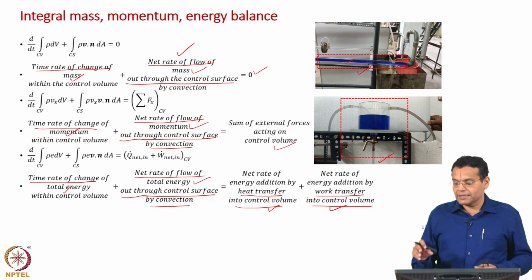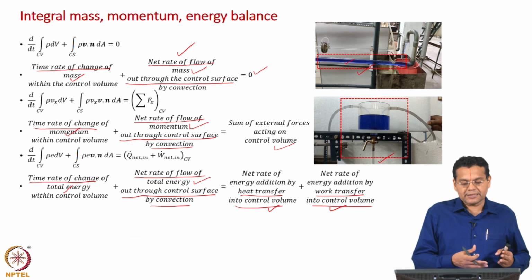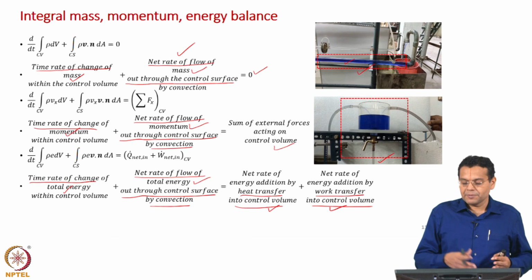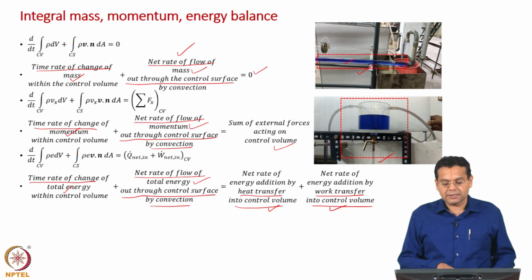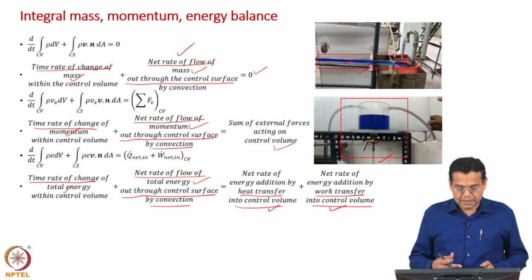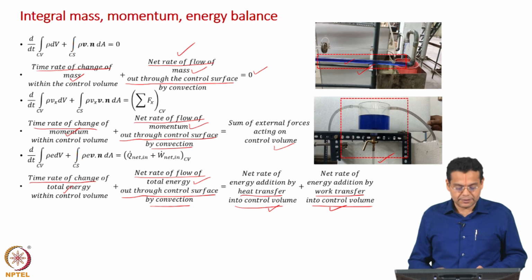And if you look at the tank and say that mass could change, momentum could change, or energy could change with respect to time, then that explains the first term on the left hand side. Of course, right hand side depends on the property for which you are writing the conservation equation, and that could be 0, it could be forces, or could be energy addition.